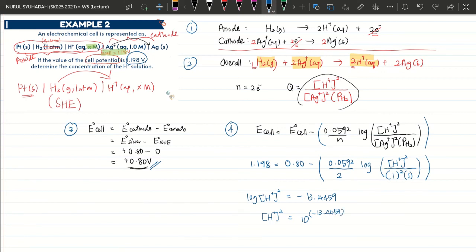And then to find the concentration of H plus, you will get the answer as 1.89 times 10 to the power of negative 7 molar. So make sure it is with the correct unit. So this will be your final answer for example 2.